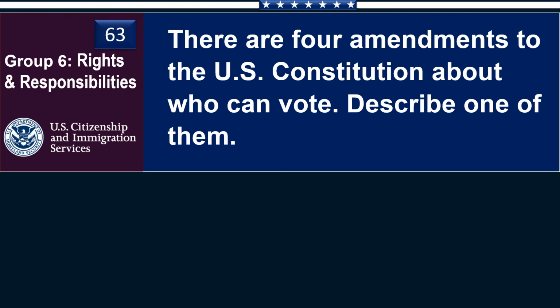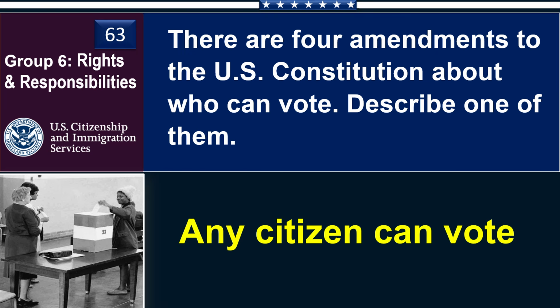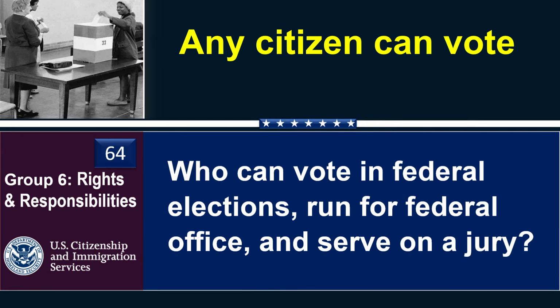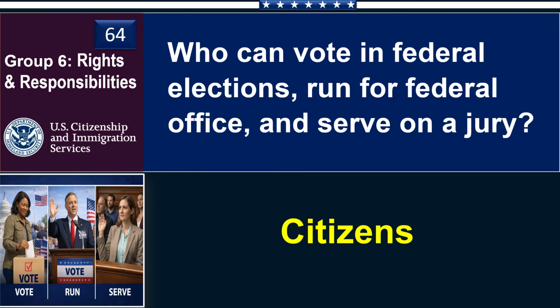There are 4 amendments to the U.S. Constitution about who can vote. Describe one of them. Any citizen can vote. Who can vote in federal elections, run for federal office, and serve on a jury? Citizens.